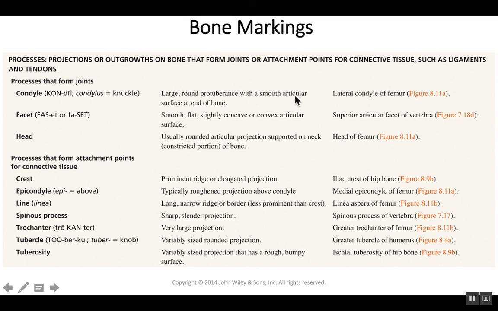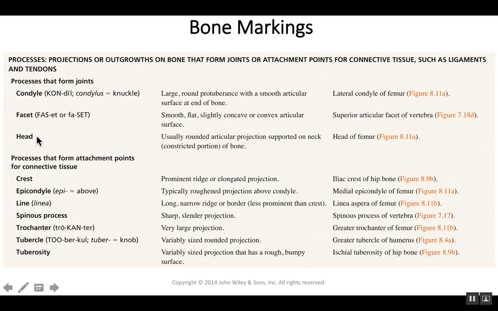So articular surface means it forms a joint with another bone. A facet is typically much smaller than a condyle. It's a smooth, flat, or possibly slightly curved surface. And those are also typically for joint formation.